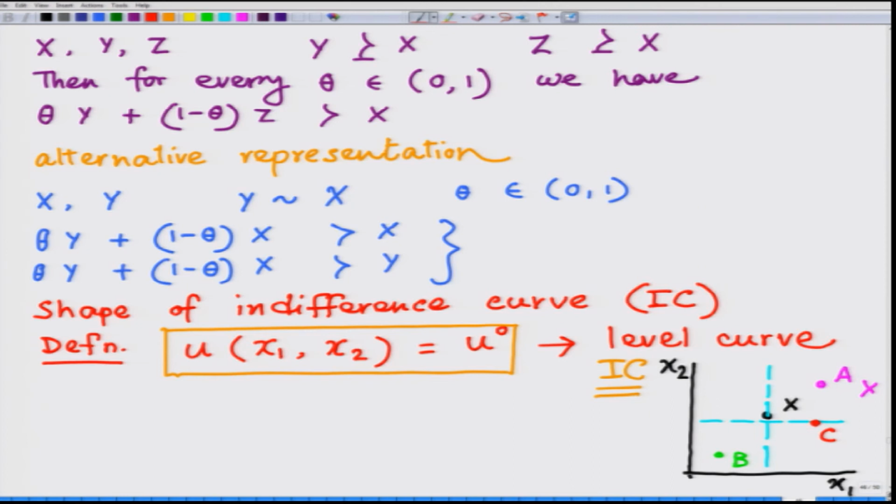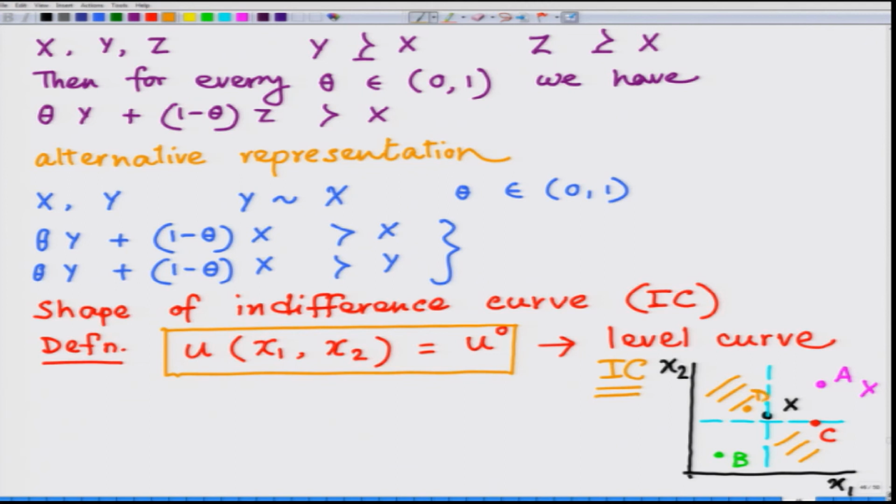Now, note these regions. If we take a point in this region, say here, we have more of commodity 2 compared to the bundle x, but we have fewer units of commodity 1 in this bundle.